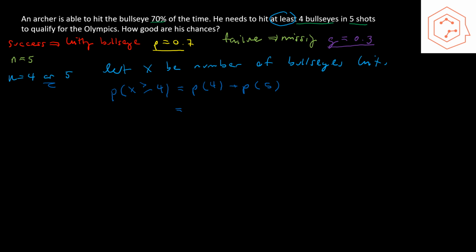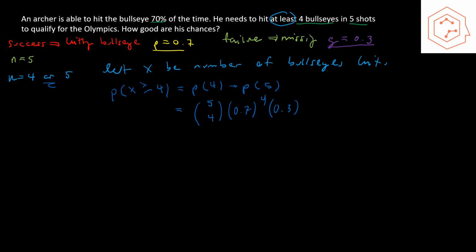which is equal to, we have 5 spots, 5 trials. We want to choose 4 of them to be successes. That means that we have a success 4 times, so 0.7 to the power of 4, multiplied, one of the spots needs to be a failure, so 0.3 to the power of 1, 5 minus 4, that's equal to 1, so we'll just keep it as 0.3.